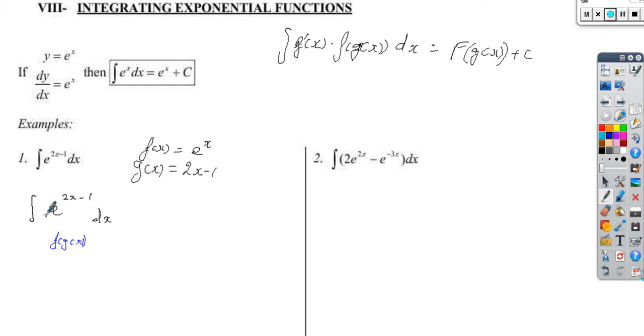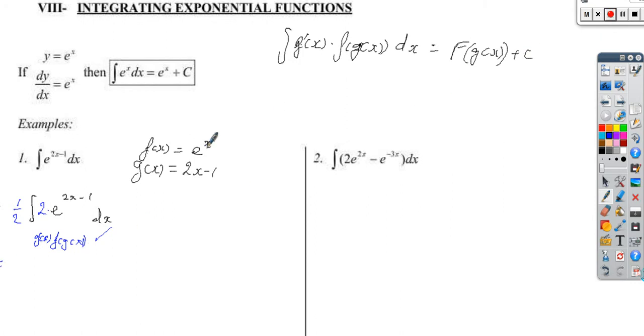Do we have anything? No, we haven't, and g prime of x is of course 2, so I need a 2 here. Now it is in the format f of g prime of x times, okay, so that's all fine, but of course if I put a multiply by 2 I also need to divide by 2. Okay, so now I can put the equal sign, and that means I can apply this now here.